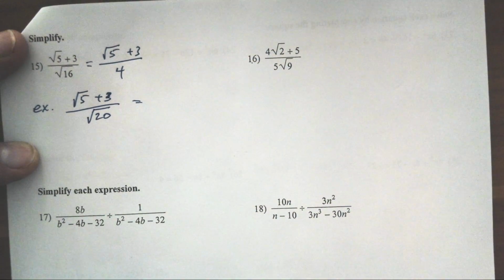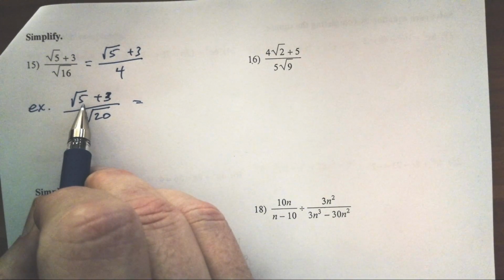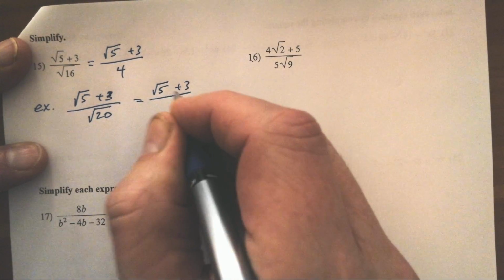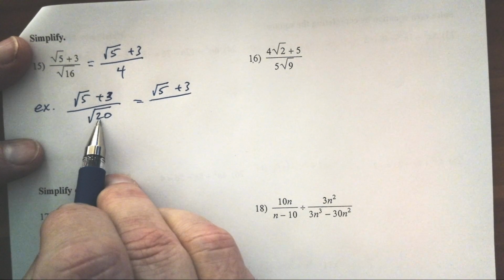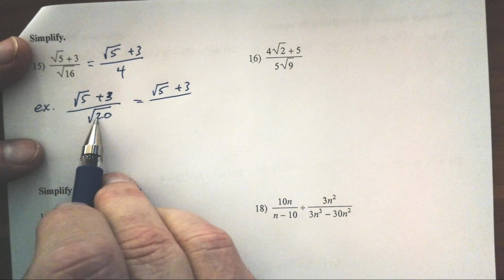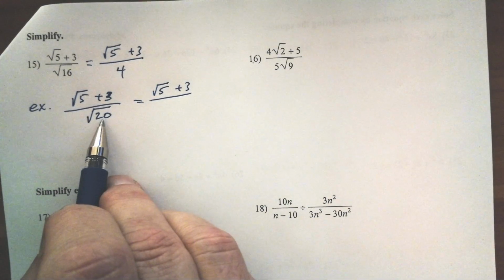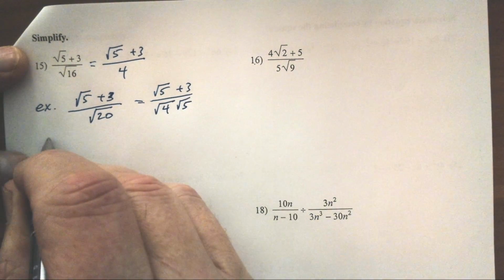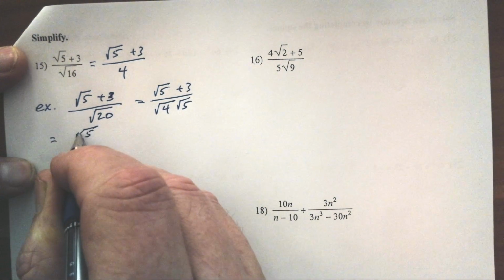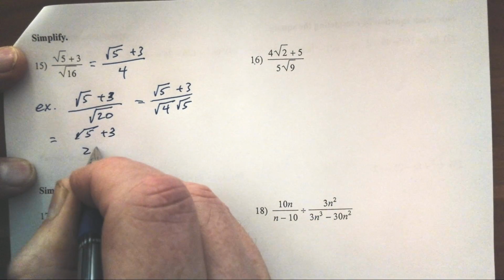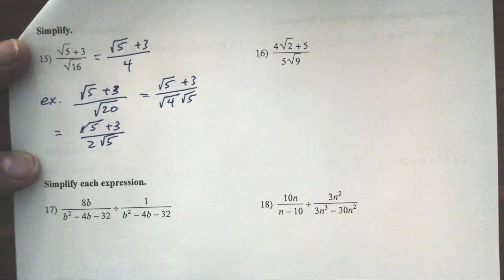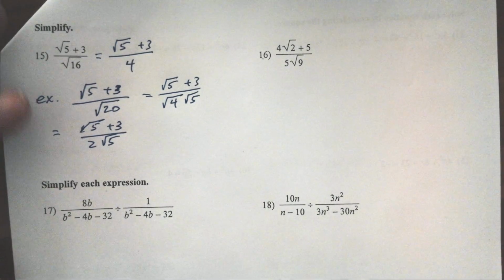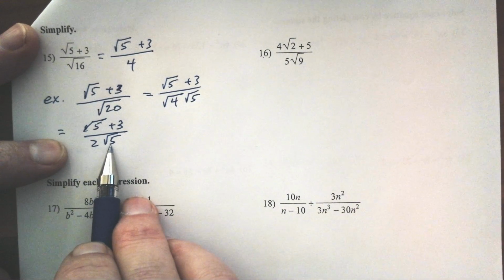So now, the square root of 5, there are no factors in 5 other than 5 and 1, so it is stuck in that square root for right now. 20 is either 4 times 5 or 2 times 10 or 1 times 20, but 4 times 5, 4 is a perfect square, so if I treat this like square root of 4 times square root of 5, this becomes square root of 5 plus 3 on 2 root 5, which sometimes is just fine for an answer, but at this point right here, we're going to try to rationalize denominators, and square root of 5 is an irrational number.